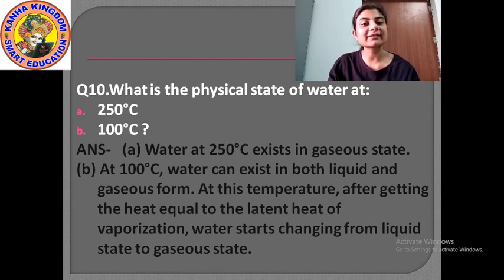At 250 degrees Celsius, it is in gaseous state because the temperature is more than 100 degrees Celsius. And at 100 degrees Celsius, it may be in liquid state or it can also be in gaseous state because there is an increase of the temperature. Understood?